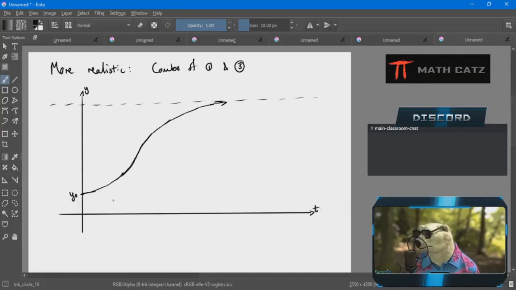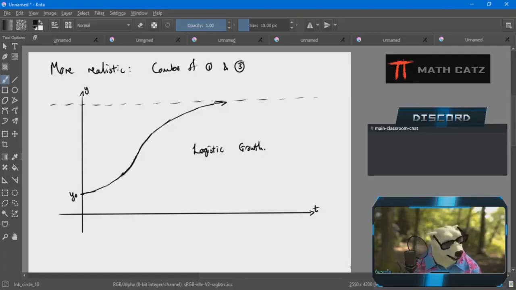Because, to be honest, the more realistic I want to get, the more complicated the math is going to be. So it's a fine balance between the two. I want to capture the essence, the most important things of the practical problem, but I don't want the mathematical side of things to be a complete nightmare. Where is the balance? And this is called the logistic growth model.